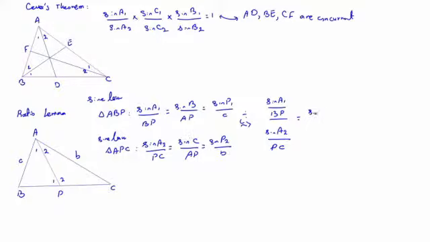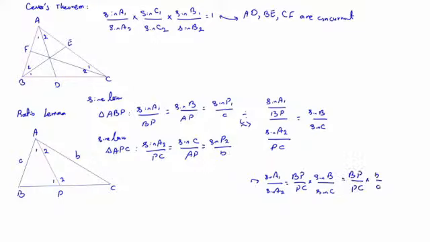AP will be cancelled, so sine B, sine C. So here we can conclude sine A1 over sine A2 equals BP over PC times sine B over sine C. If we consider the first fraction and third fraction, instead of sine B over sine C, we can write AC over AB, so BP over PC times AC over AB. And we call this the ratio lemma, and it's very important to memorize.